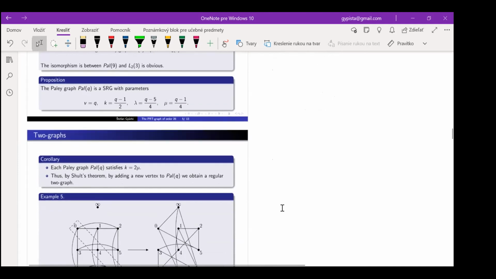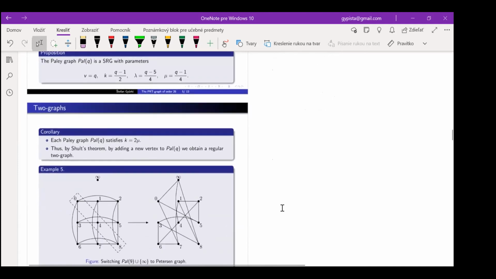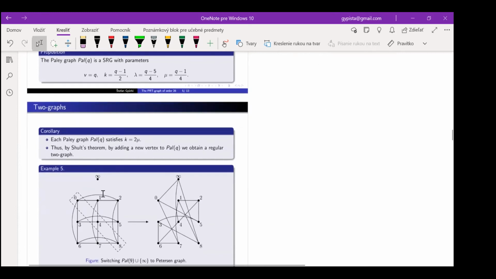If we join together this property with the Seidel theorem, then this means that if we take the Paley graph on 9 vertices and add to it an isolated vertex, then we can obtain a regular two-graph belonging to this graph.